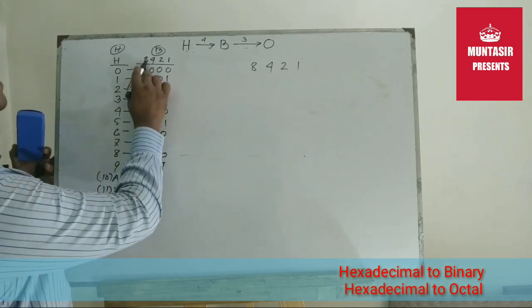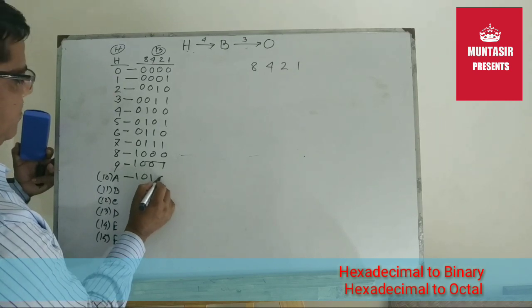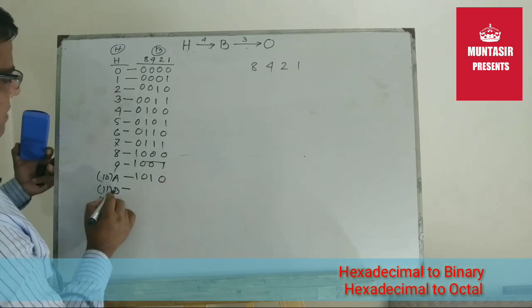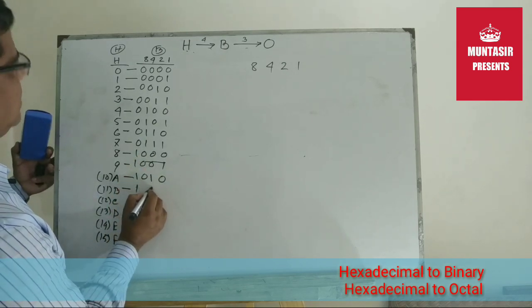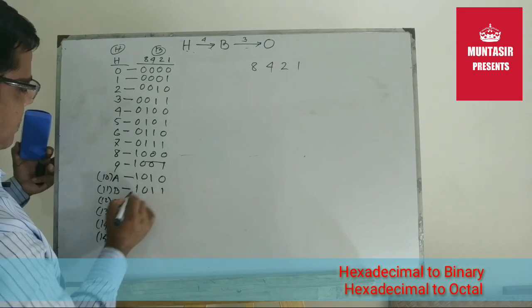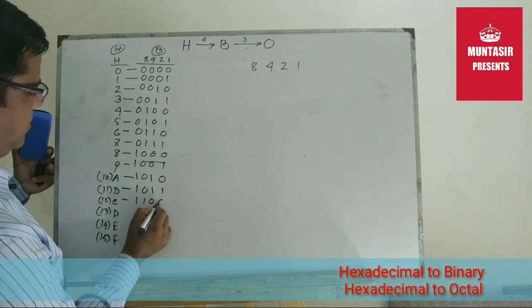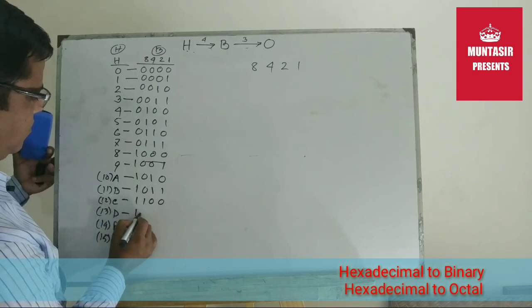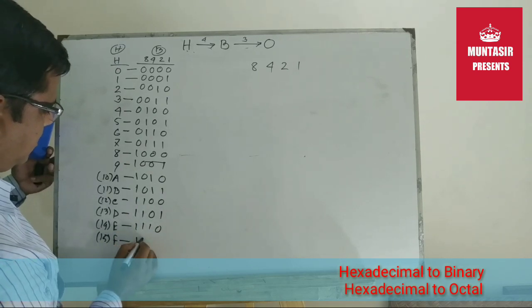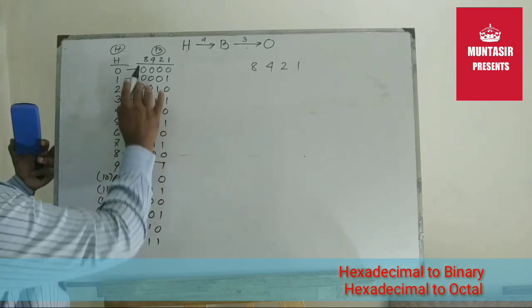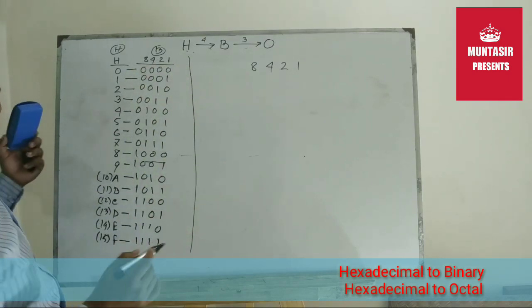A is 10: 8 and 2 make 10. 11 is 8, 2 and 1. 12 is 8 and 4, then 0. 13 is 1, 1, 0, 1. 14 is 1, 1, 1, 0. And 15 is 1, 1, 1, 1.